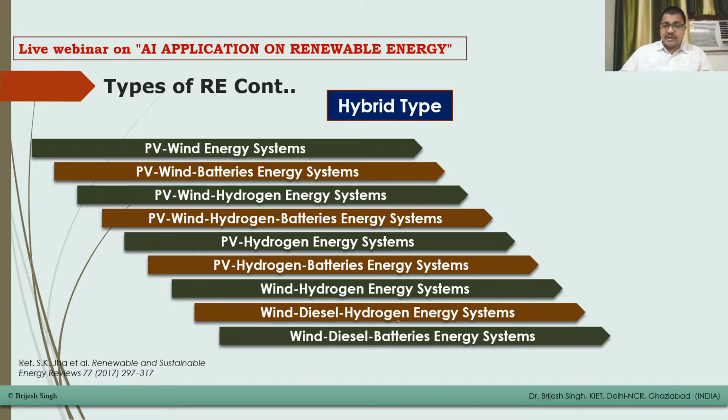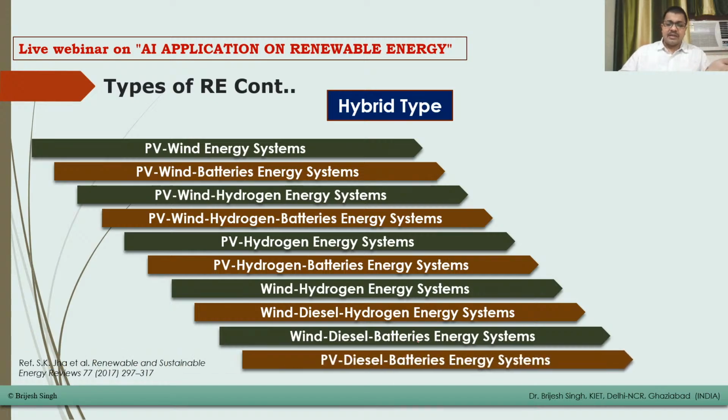All these hybrid and renewable energy systems already exist and are working properly in different places at the global level. The wind diesel battery energy system and the PV diesel battery energy system are all different types of hybrid energy system.